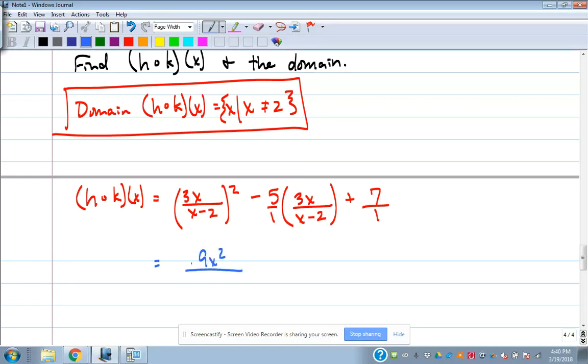Instead of multiplying out x minus 2 times x minus 2, just write it as x minus 2 squared, because it's really not going to help us any to multiply that out. It's actually going to make it harder on us if we do. Okay. Now, the next thing is we're multiplying negative 5 over 1 times this fraction. What does this part turn into?